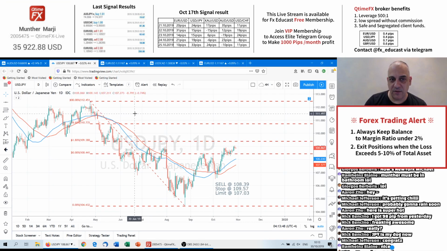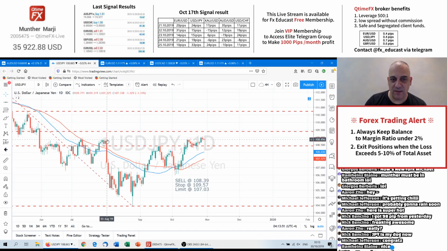So in my own opinion, before breaking 109.37, sorry, before breaking 109.37, buying the dollar yen is not really justified.